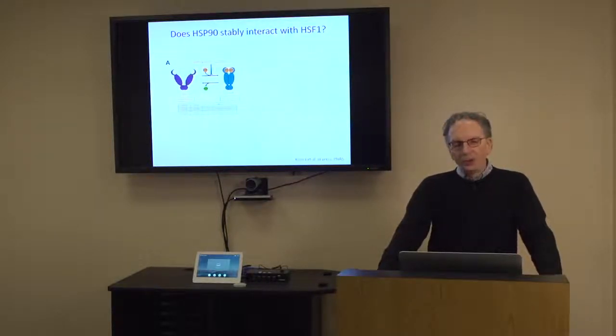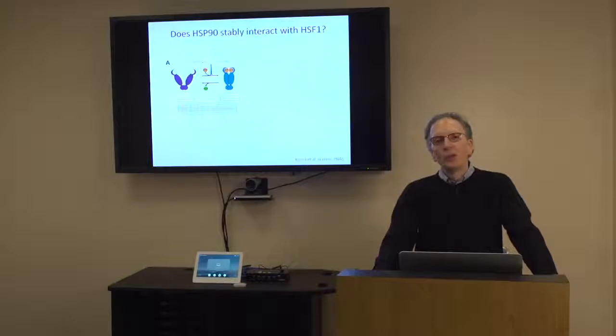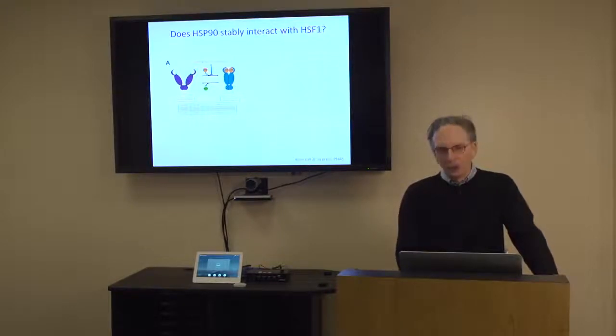The second set of mutants, shown on the right, keeps HSP90 in a closed conformation by allowing ATP binding but preventing ATP hydrolysis. We've made both sets of mutations in HSP90 alpha, the stress-inducible form of HSP90, and beta, the constitutively expressed form of HSP90.